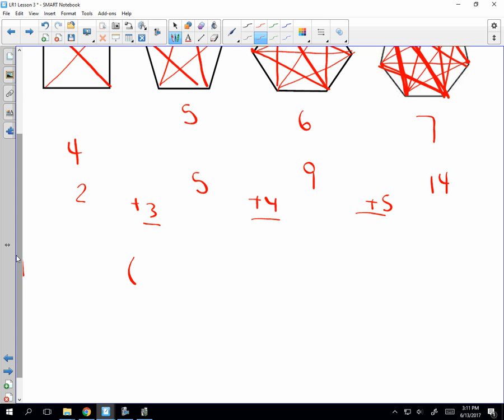We know that the increase we're getting is always based on our number of sides minus 1. So we have the number of sides minus 1, and then what is the ultimate adjustment that we're making to that to get what we're looking for.